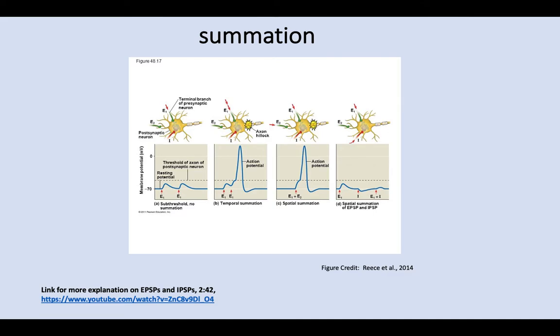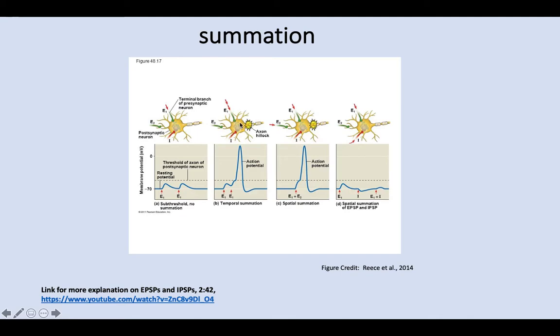Summation is the idea that you can get an additive effect from many excitatory and inhibitory potentials. And here we have on the left a graph showing an actual neuron and a graph showing how you can have multiple excitatory and inhibitory potentials having some effect.